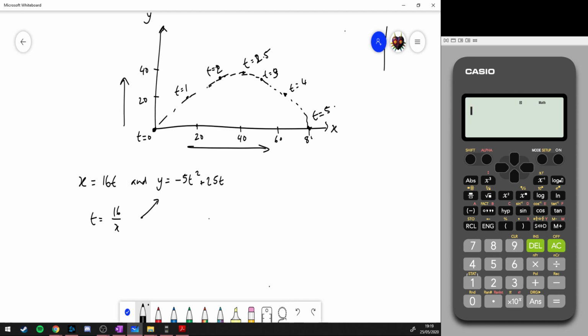Substituting that in, we get y is equal to minus 5 lots of x over 16, all squared, plus 25 lots of x over 16.